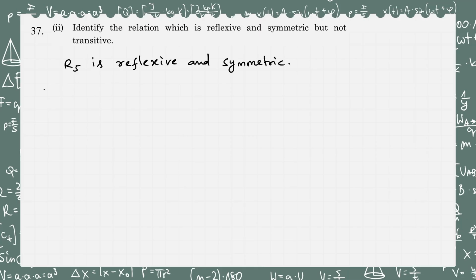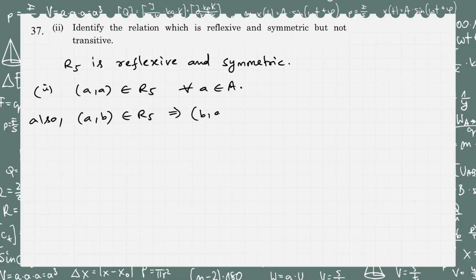You have to mention that every A comma A belongs to R5 for every A in capital A. Also symmetric property: A comma B belongs to R5 implies B comma A also belongs to R5 for every A and B taken from the set A. So this is enough for reflexive and symmetric proof. But why transitive property is not obeyed, we have to give the reason.